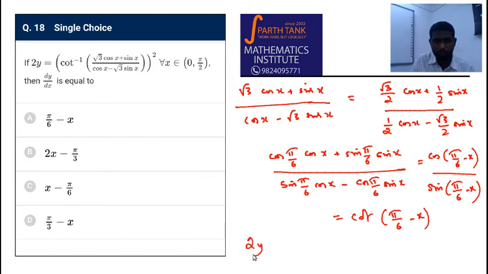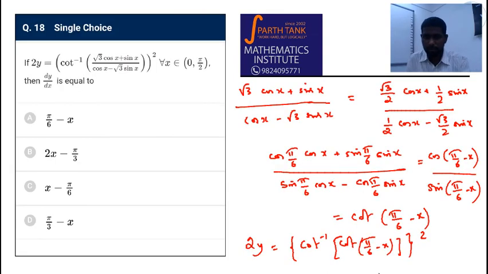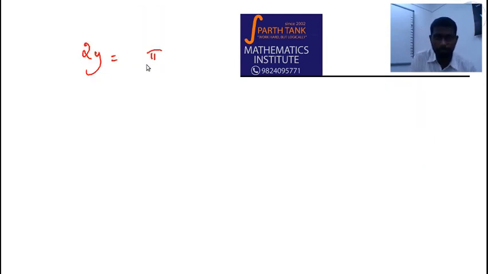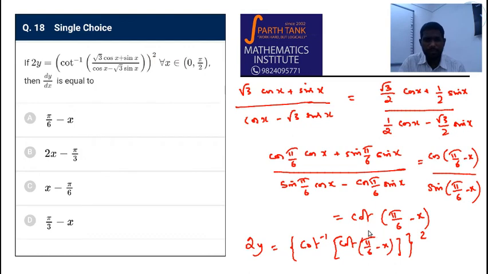Therefore 2y becomes cot inverse of cot of pi by 6 minus x, the whole square. We're just going to drop the cot inverse of cot, and we get pi by 6 minus x, the whole square. Of course you have to know that if x is greater than pi by 6, you have to go for 180 minus this.